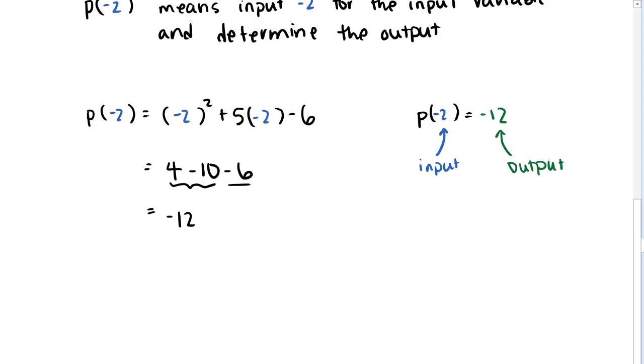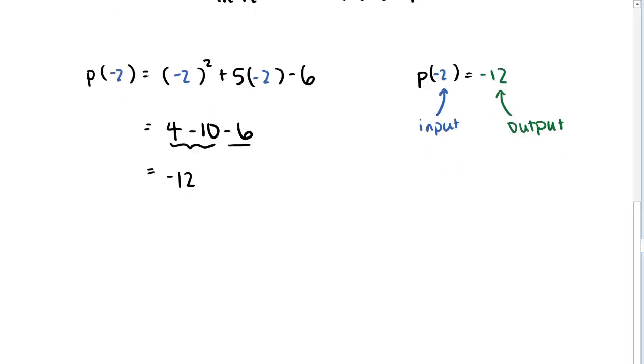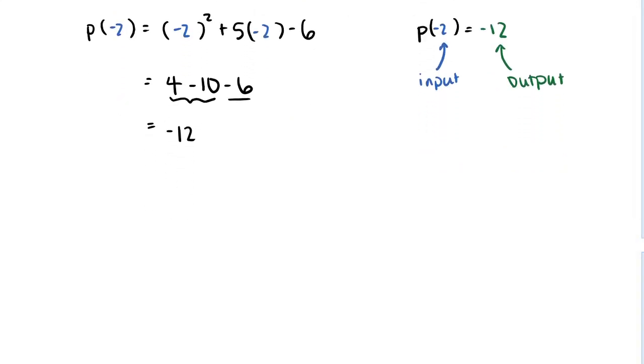And you can sort of think of p of negative 2 as the output corresponding to an input of negative 2. And so to say this a little bit more generally, frequently we'll use f and g and h to name our functions, to label our functions, just because f is for function. So these are commonly used to label functions.